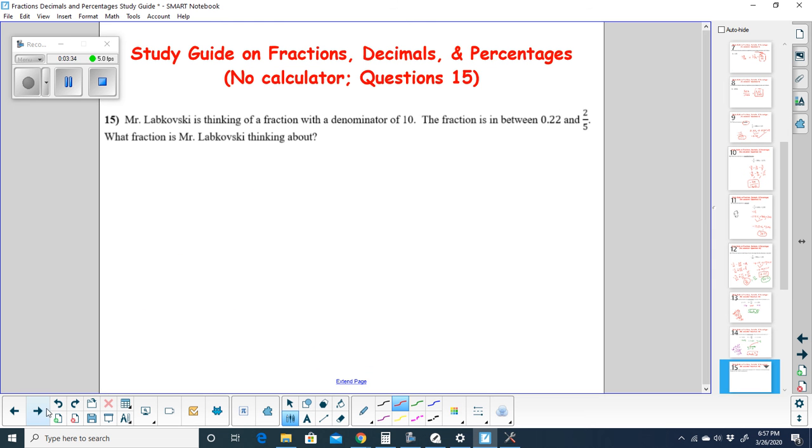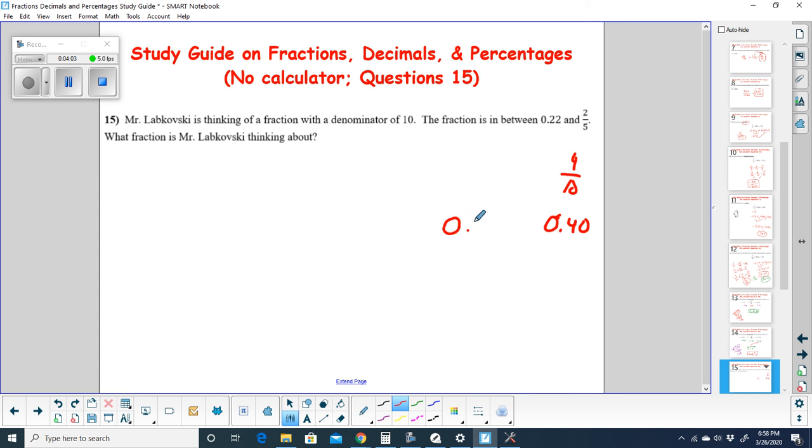Moving onward to number 15. Mr. Lipkovsky is thinking of a fraction with a denominator of 10. The fraction is in between these two numbers, 0.22 and 2/5. What fraction is Mr. Lipkovsky thinking about? Well, 2/5, 2 divided by 5, is the same as 4/10, which is 0.4 or 0.40. Let's go out two decimal places.